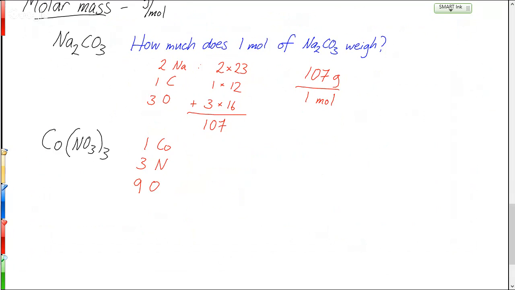Come up with the molar mass. Anybody come up with it yet?